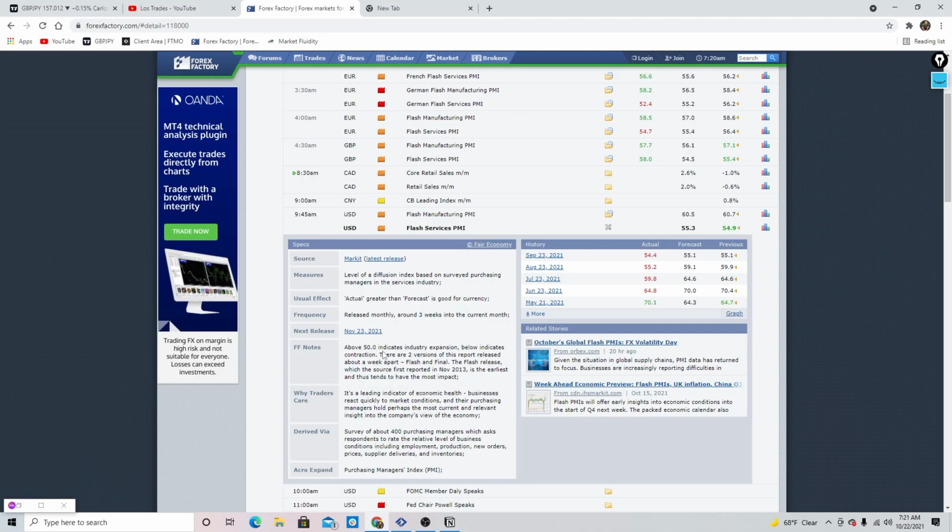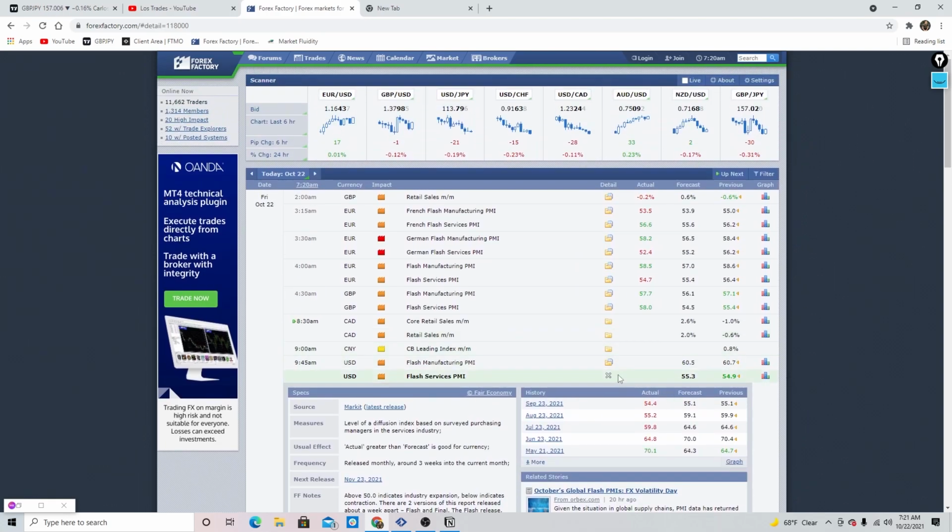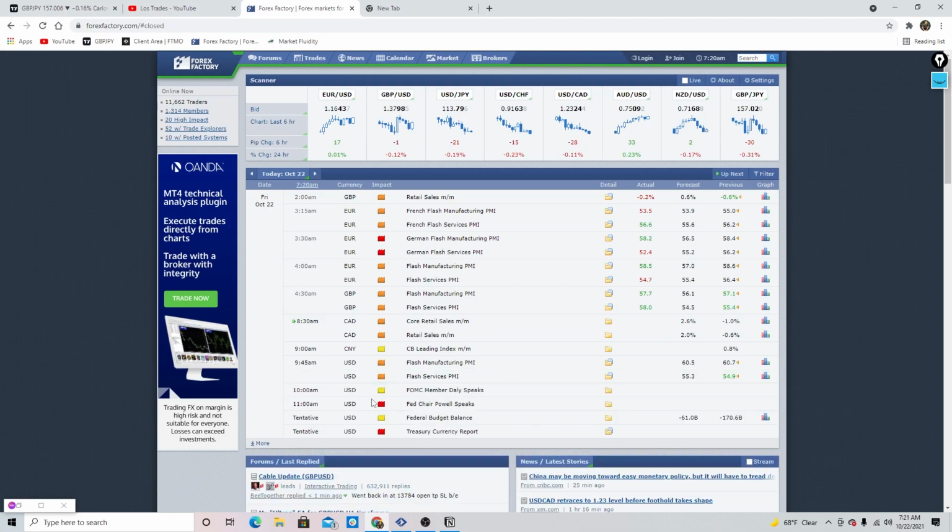So we had industry expansion last time, and they're expecting more this time. There are two versions of this report released about a week apart, flash and final. These are really good things to read about, especially if you're trying to become more knowledgeable about fundamentals.